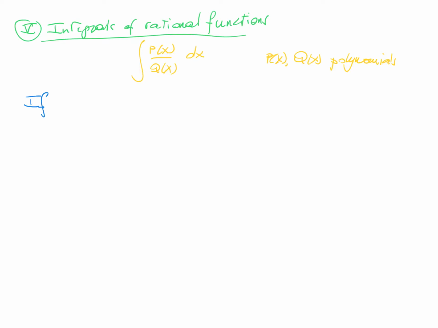So if the degree of p(x) is at least as large as the degree of q(x), then we first perform Euclidean division.